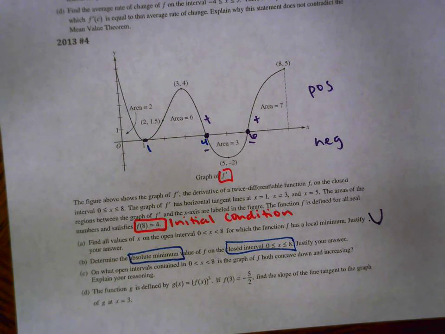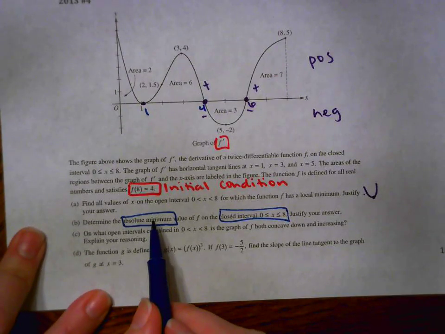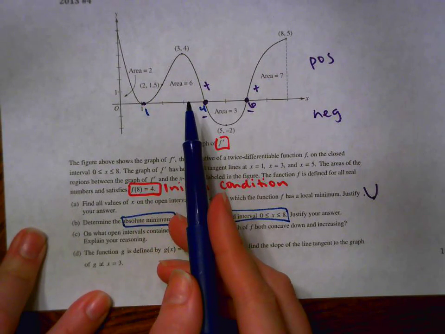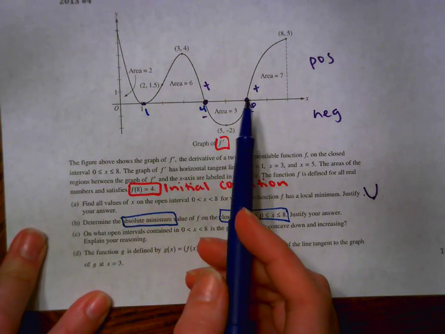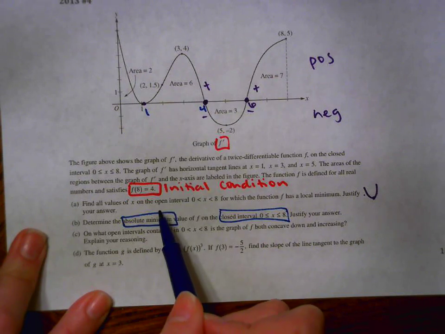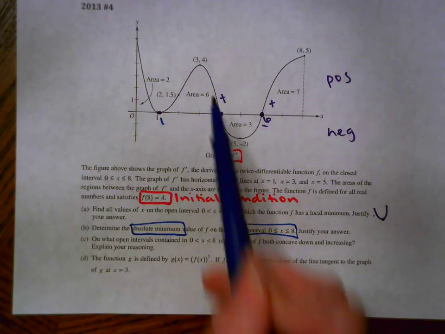Now I will tell you something to save time. It's a minimum, so you only really care about the relative minimums. If at 4 that's a maximum, that's not going to be able to be an absolute minimum. It just doesn't work out that way. You technically only care about the relative minimums and the endpoints.